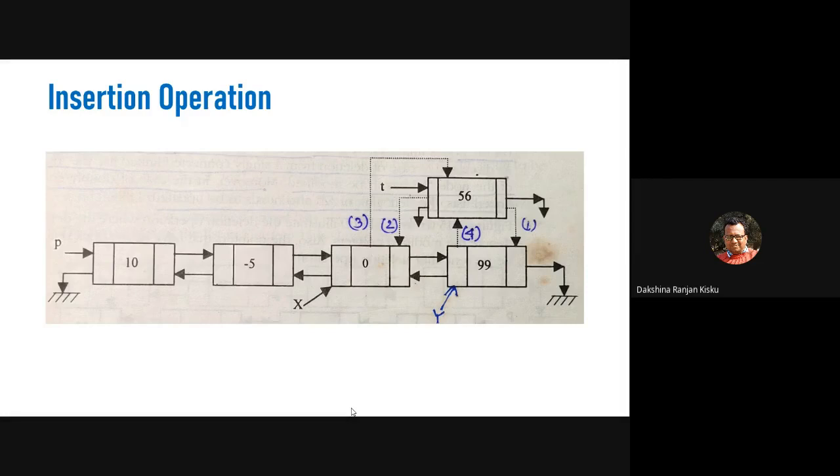First we'll update Y left. If we update Y left, then Y left will point to the new node. Yes, sir. Then the link part: initially Y left was pointing to the preceding node of the inserted node. Now if we update this link part, then the link will be found to be missing for the preceding node.